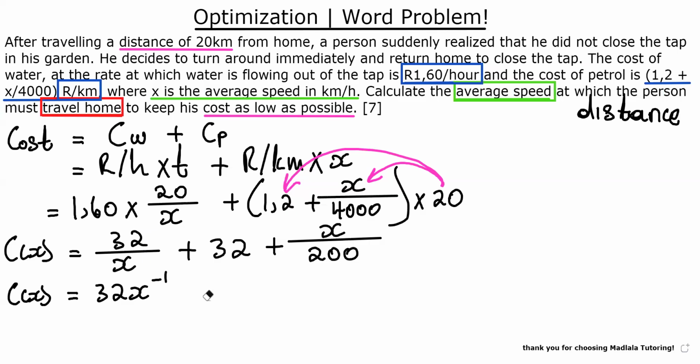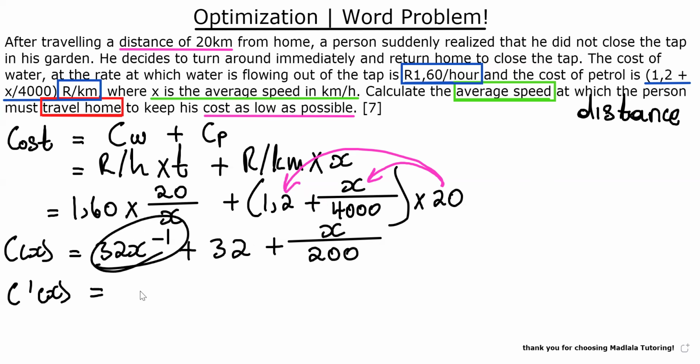So we need to write this nicely first. And of course, this is something we could have done at this stage and write it as 32x to the negative 1, because the rules of differentiation say everyone has to be ready first. So now at this point, we are very much safe to differentiate the function.